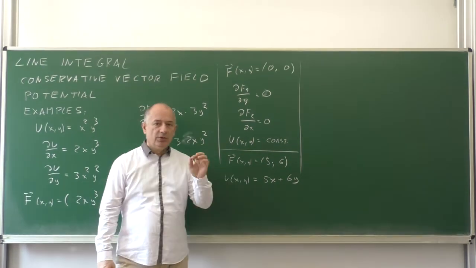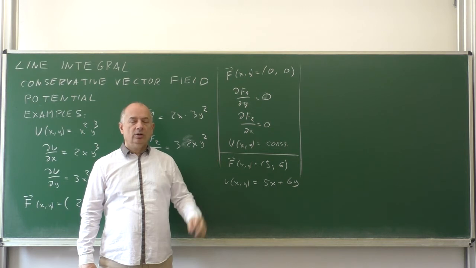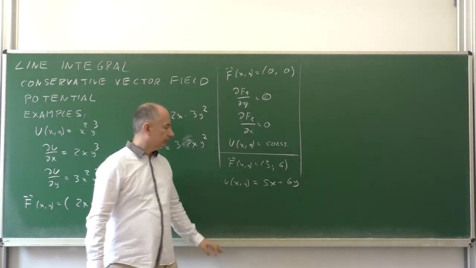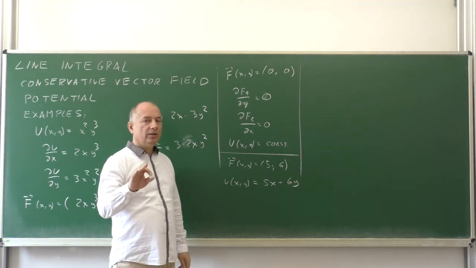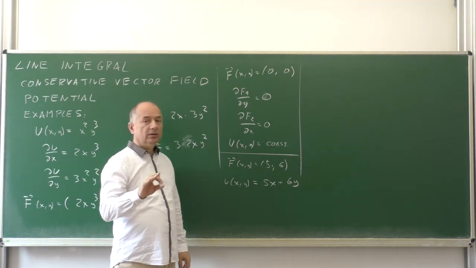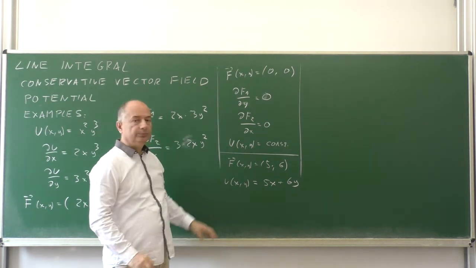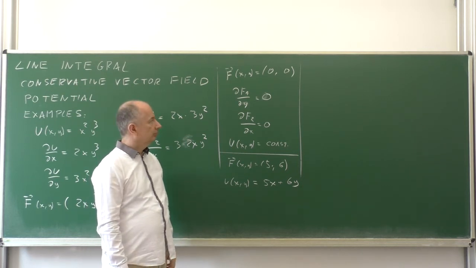And now what about the simplest vector field in the world which has no potential, which is not conservative? Stop me for a moment and think it over. Try to find the simplest vector field which is not conservative, for which these derivatives are different. Yeah?